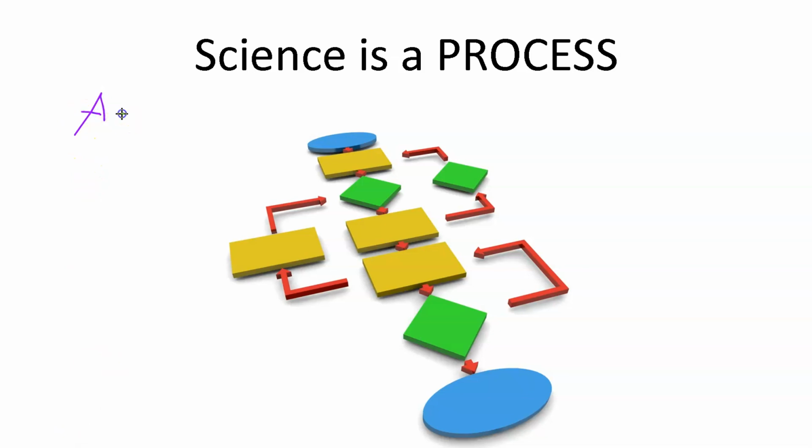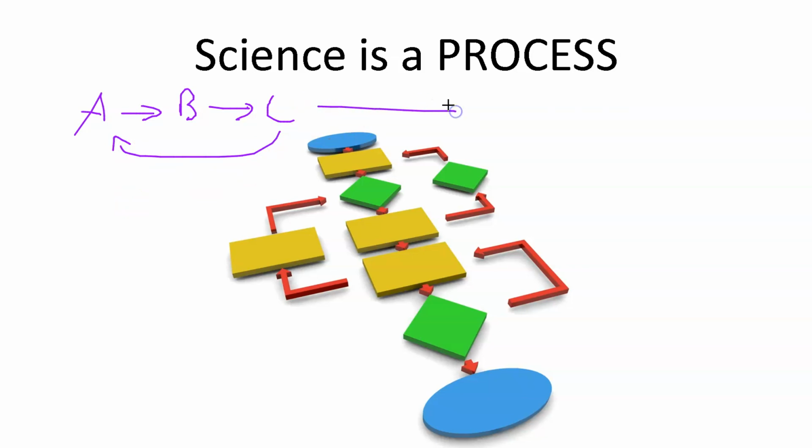So A leads to B, and B leads to C. That's linear, right? A straight line. But as you can see, no, we might get to C and completely have to go back and revise A.